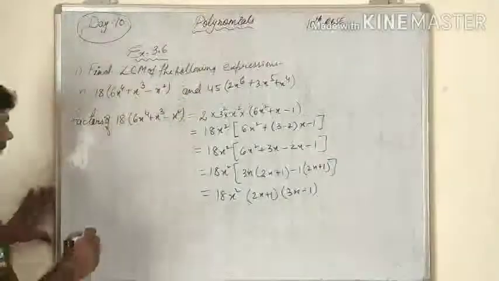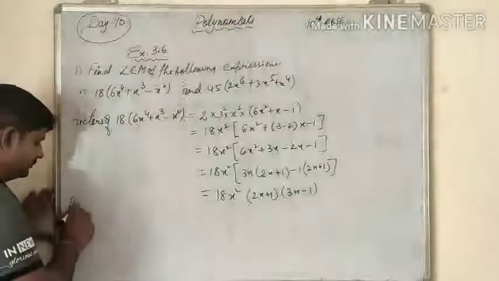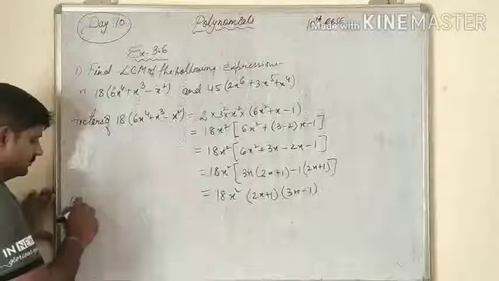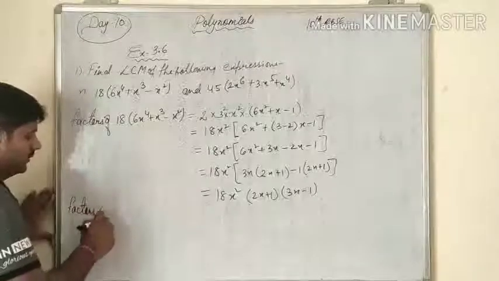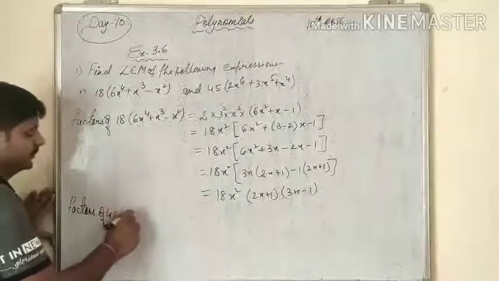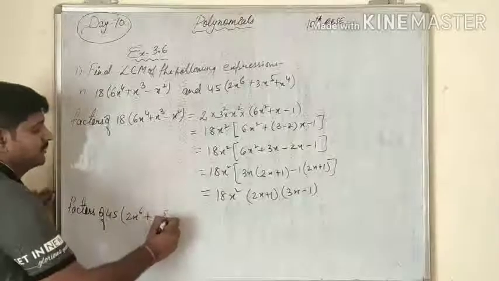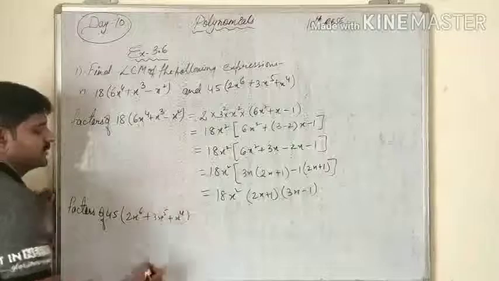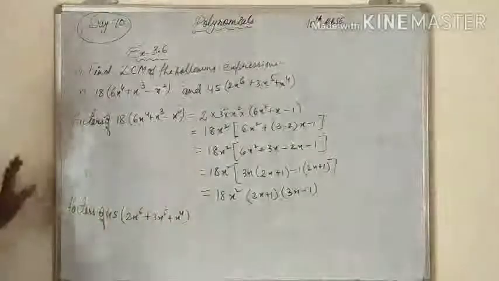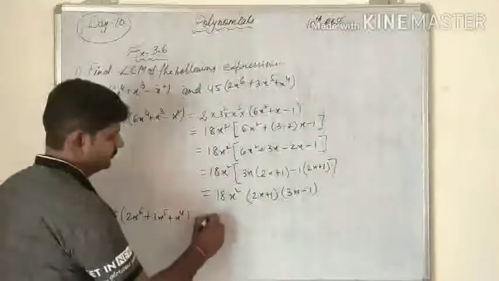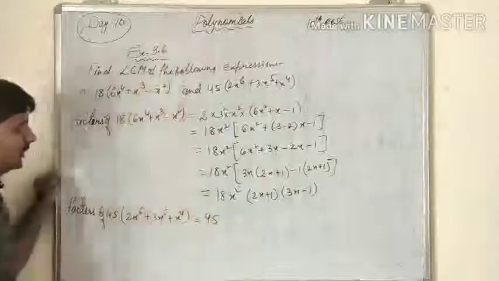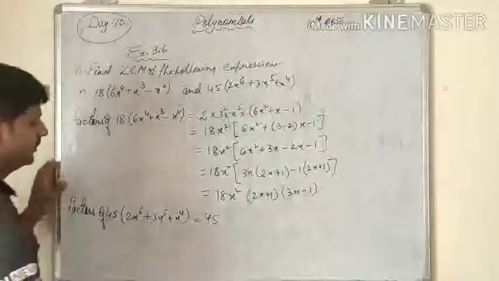Let's take the second one, factors of 45, 2x raised to 6 plus 3x raised to 5 plus x raised to 4. So 45 will be 45. x raised to 4 we can take common.